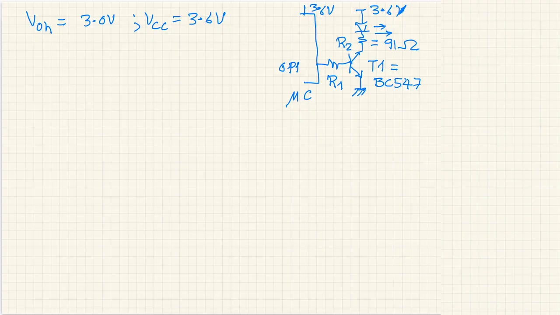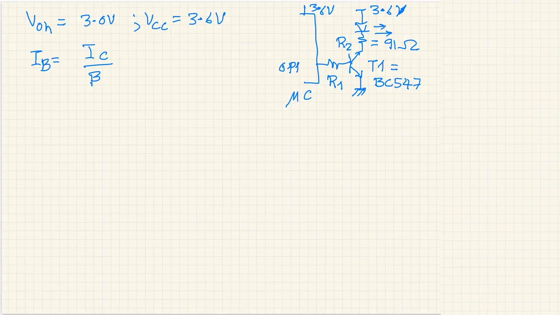Now our collector current is 20 milliamperes. We must saturate the transistor. The nominal base current that will be required to maintain 20 milliamperes of current is IB equal to IC by beta, that is the current gain of this transistor.